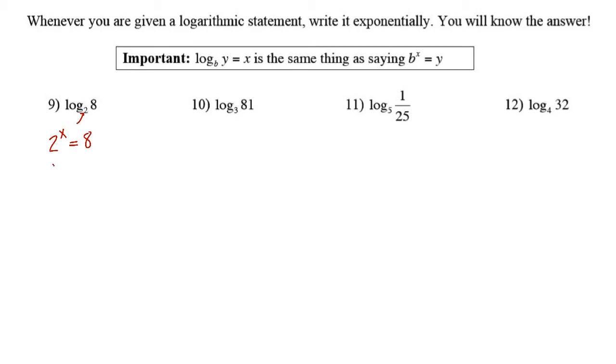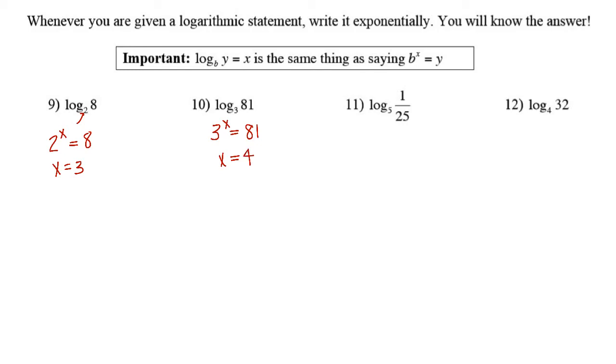Well, 2 to what power is 8? Well, that power is 3. So this entire logarithm is equal to 3. The same is true for the next one. Again, same idea. You're asking yourselves 3 to what power gives me 81, and that power would be 4.